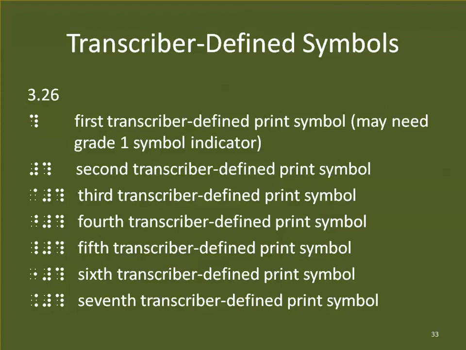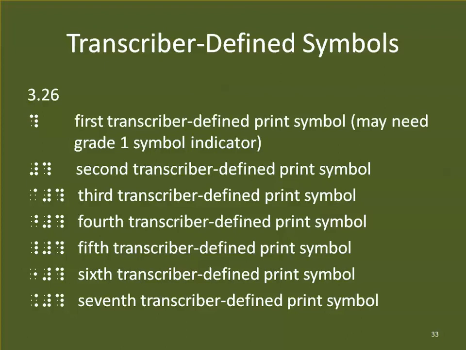The first transcriber-defined print symbol, of course, looks like the contraction for dot th or the word this, and so we need that grade 1 indicator if we are in contracted Braille. All the others, though, are standalone symbols. So these are symbols, not indicators. So these are not root and prefix constructions.